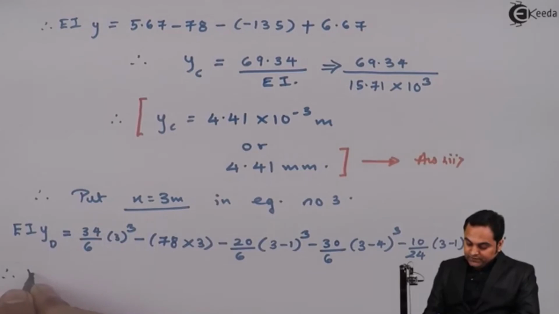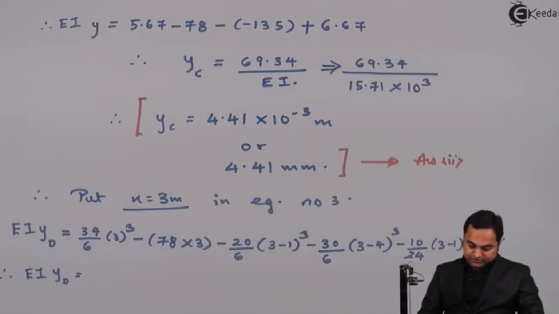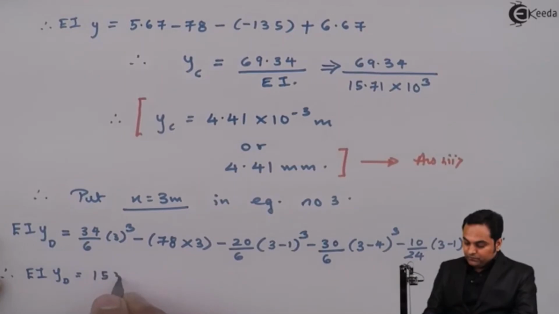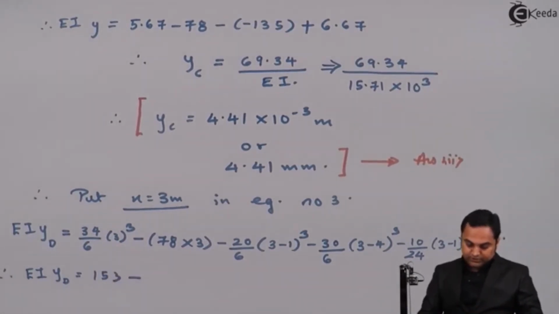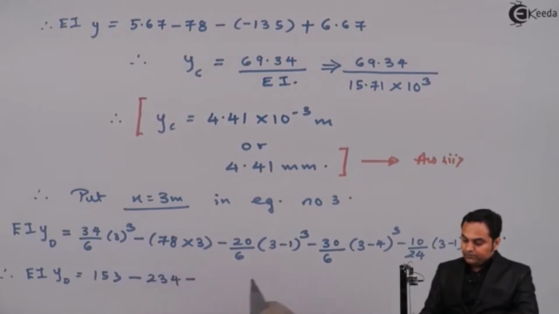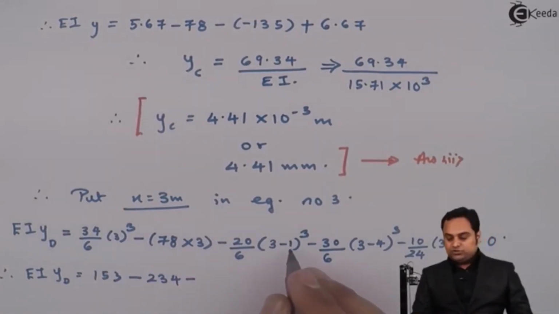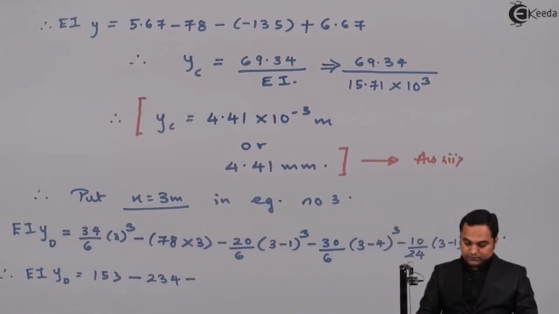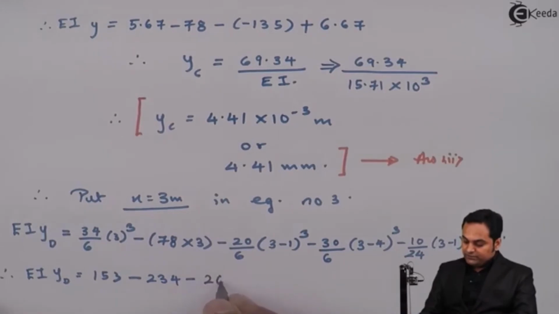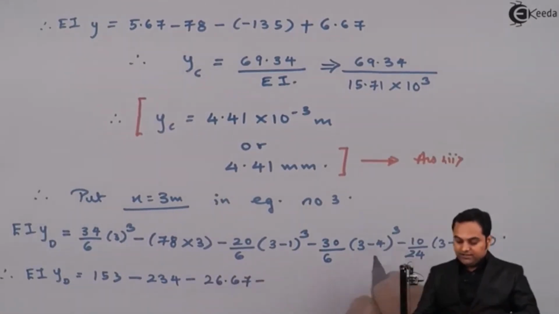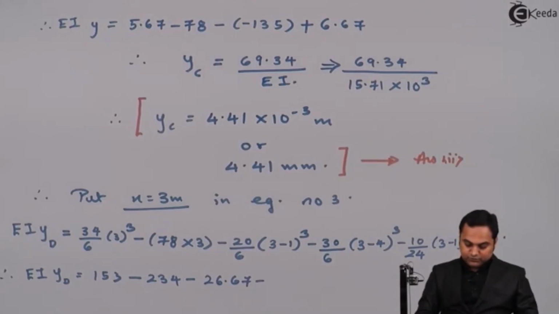Therefore, EI y suffix d is equal to, the first term is 153. Next we have 78 into 3, that is 234. Then we have 3 minus 1, which is 2. So 2 cube into 20 divided by 6, we have 26.67. Minus 3 minus 4, which is minus 1, cube, which is again minus 1, into 30 divided by 6.